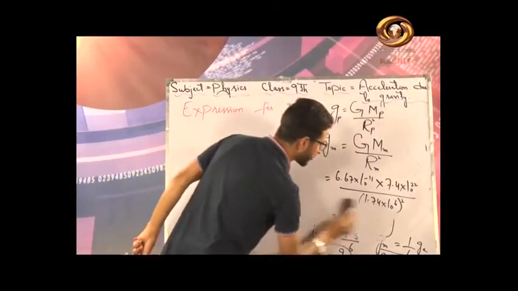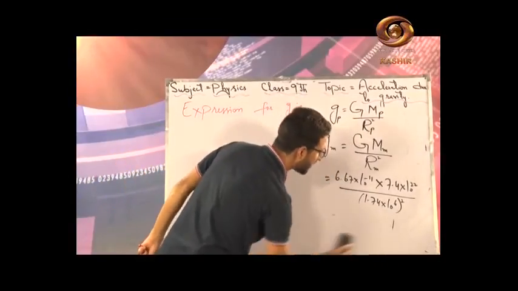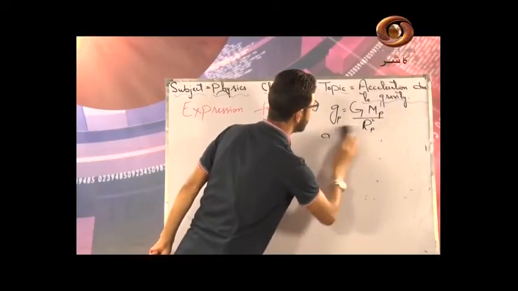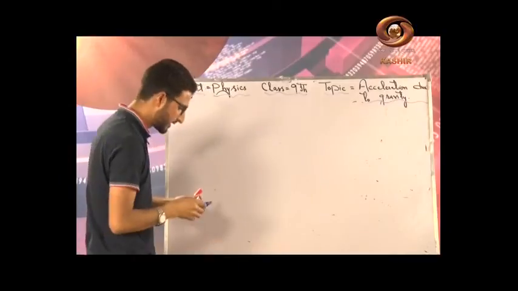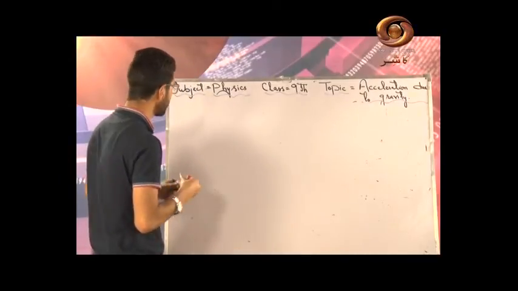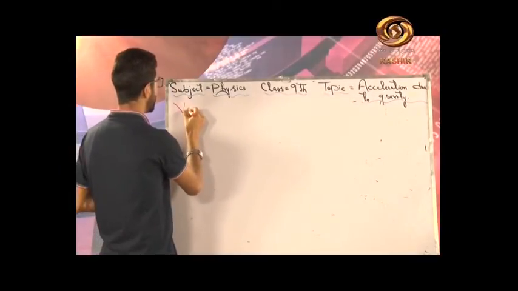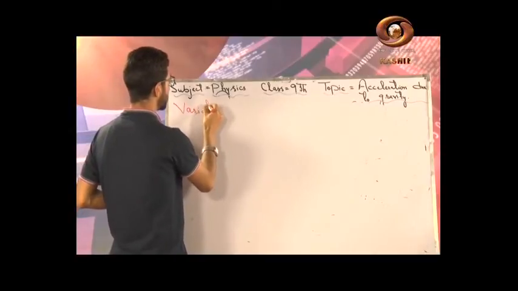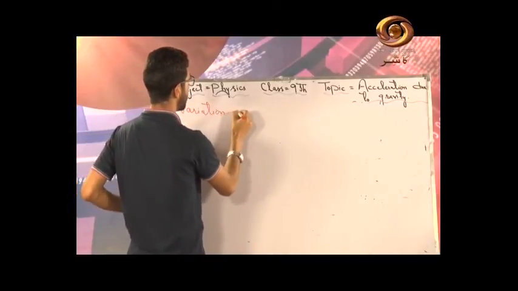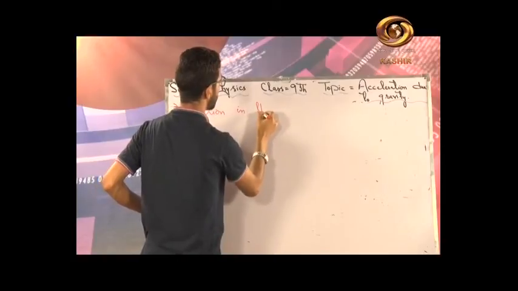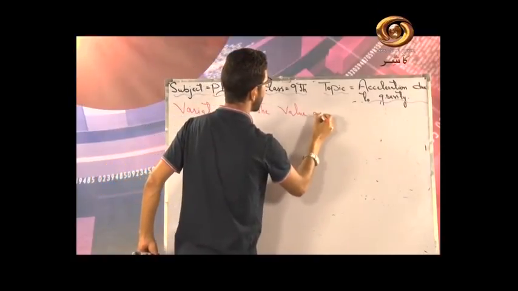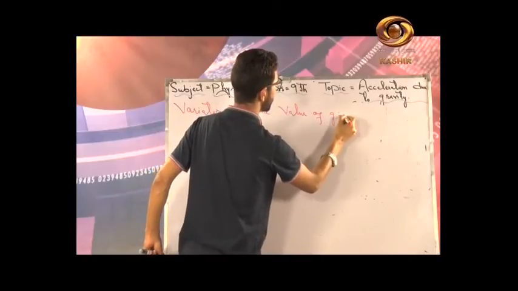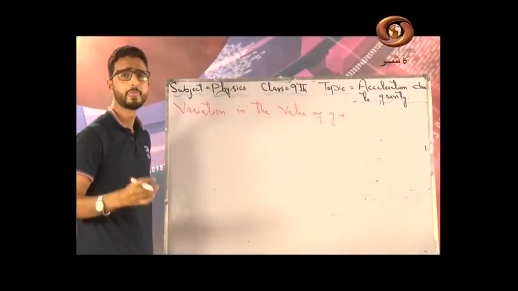Now let's try to write some factors upon which this small g depends. I mean acceleration due to gravity. So let me write here, variation in the value of g. Does this small g remain constant at every place?